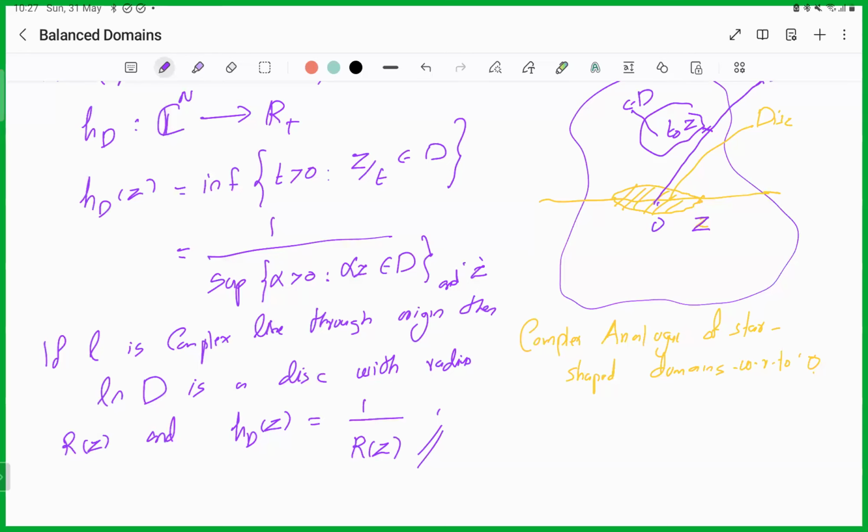If L is a complex line through the origin and z, then what is L intersection D? Okay, thanks.